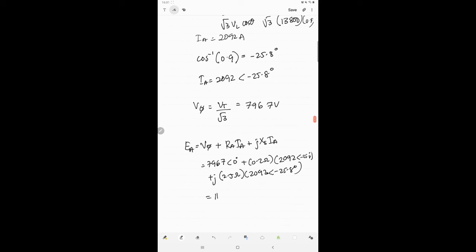This will give you 11,544 at 23.1 degrees. This is the magnitude of the internal generated voltage.